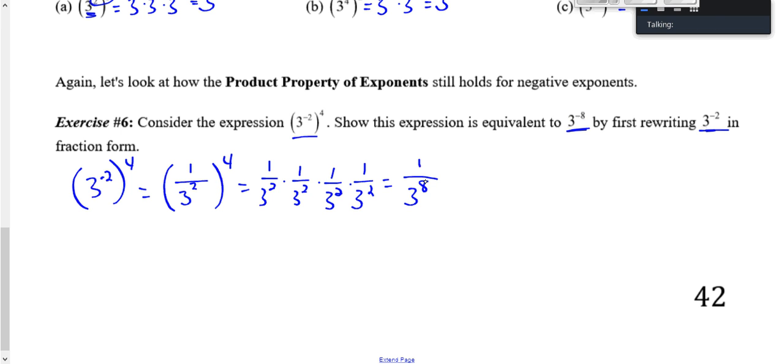But let's write this as not a fraction. 1 over 3 to the positive 8, what would be the reciprocal of that? 3 to the negative 8, you know, technically over 1 if we flipped it, right? But that is just 3 to the negative 8. We don't have to write over 1 because everything's over 1. So that makes sense to you? Negative exponents just cause reciprocals to happen and vice versa, okay?